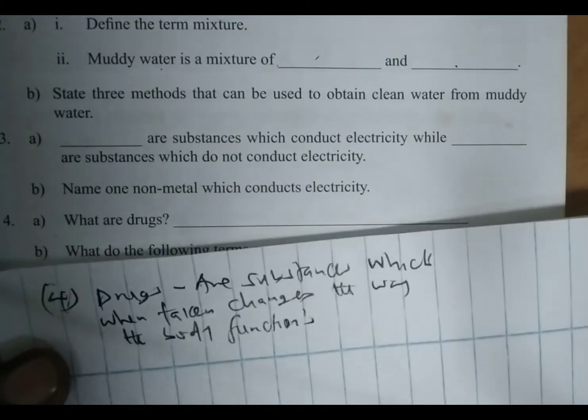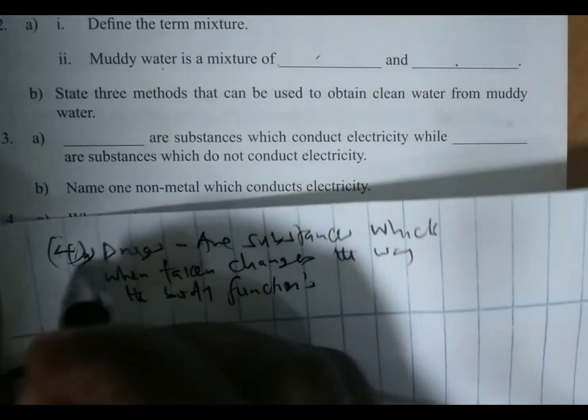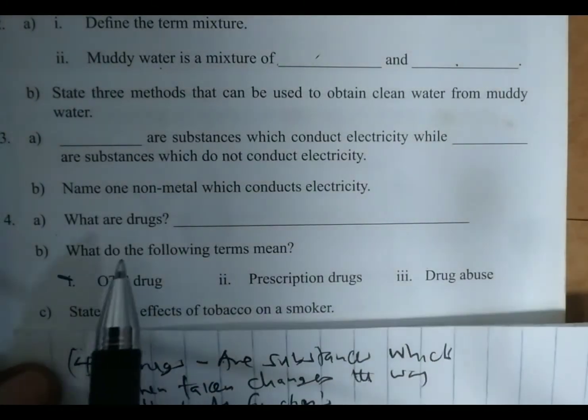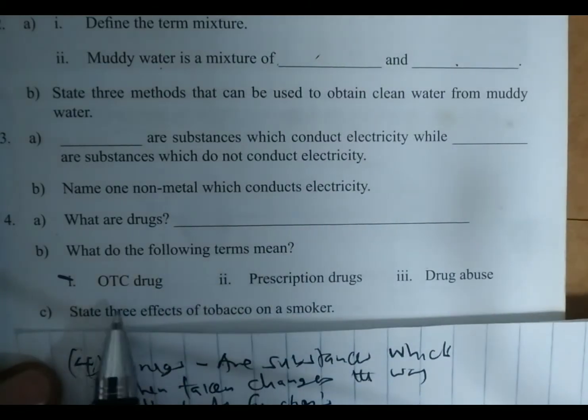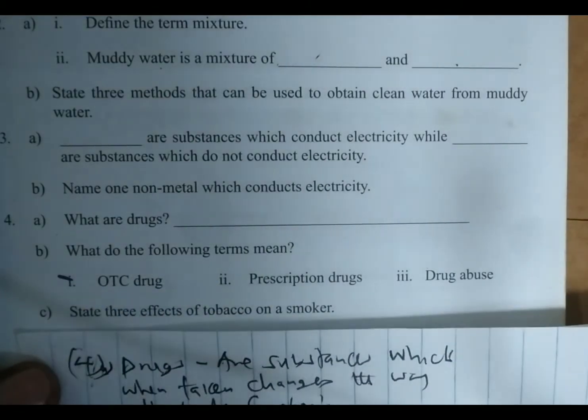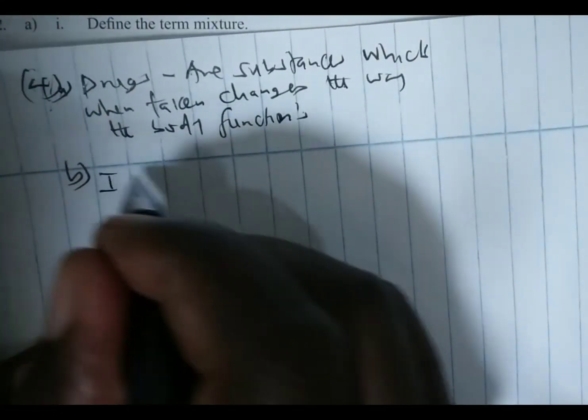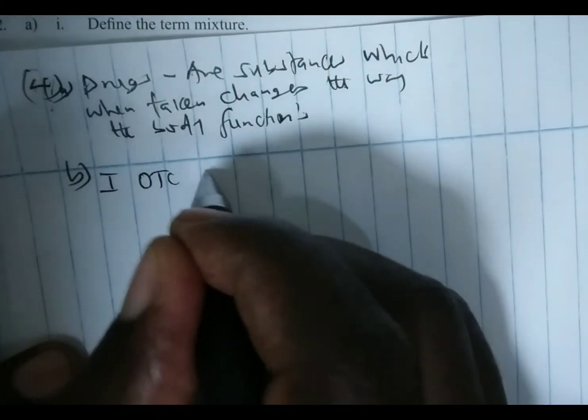Next question, that was question 4, part A. We go to part B. What do the following terms mean? 1, we have OTC drug. OTC stands for over-the-counter drugs.